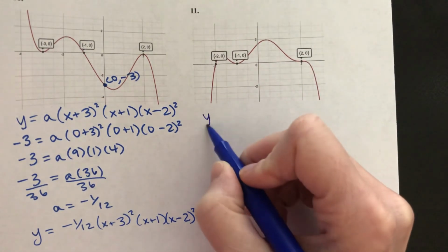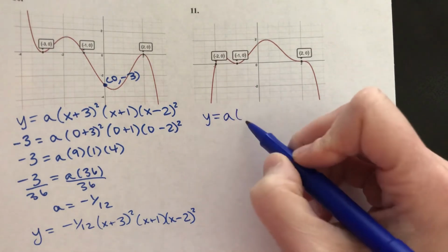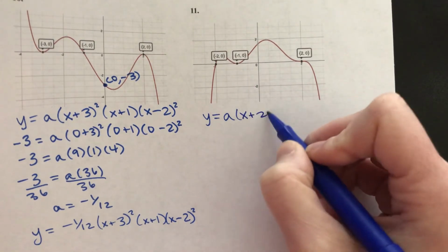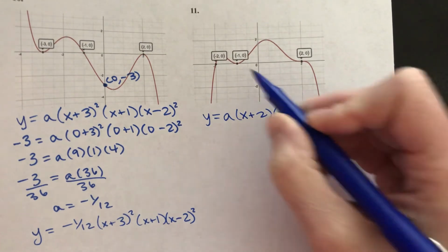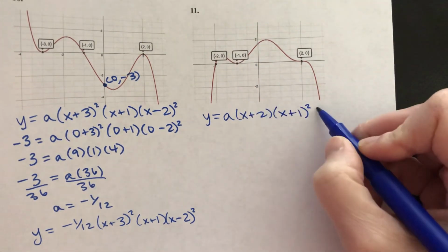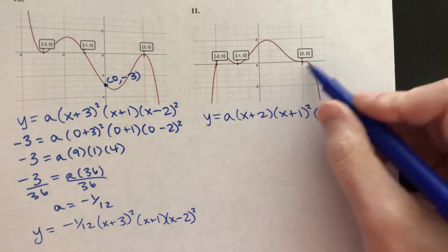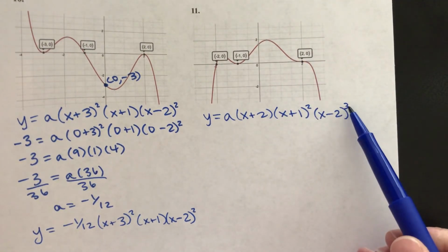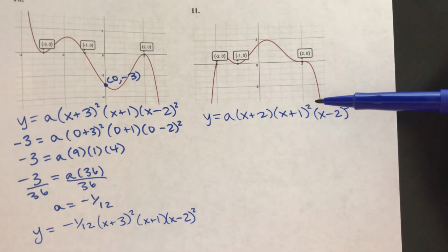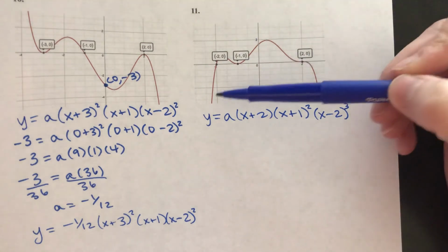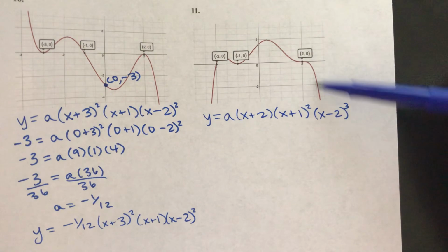So then I'm going to write y equals, my stretch factor we need to solve for is a, x plus 2, because the root's at negative 2, x plus 1, and then this is where it's going to be squared because it bounces. And then I have x minus 2, and this is going to be to the 3rd power because it makes a little cubic there. And if I add the exponents, I get 3, 4, 5, 6, and both ends are going down, so I know it has to be even degree. And then just to double check the directions, 1, 2, 3, 4, 5, 6.